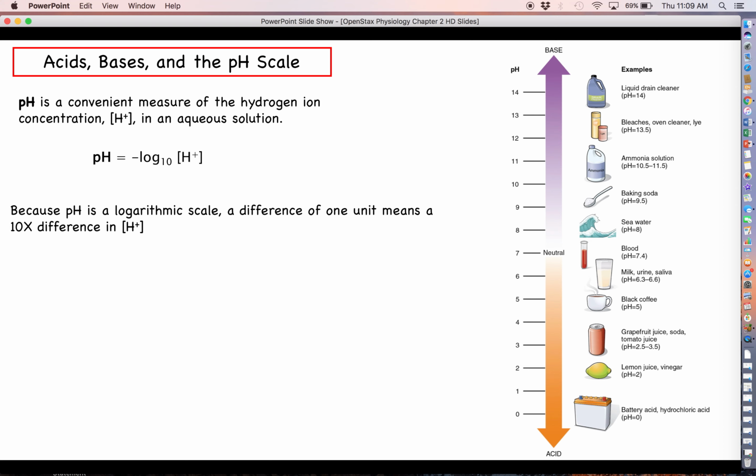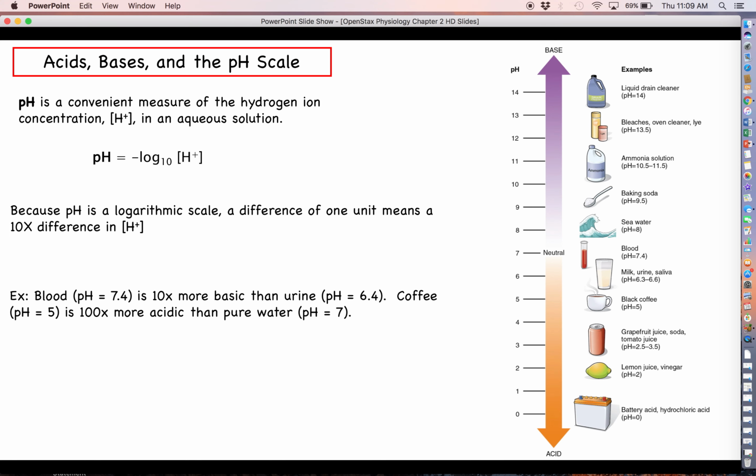Because every unit on the pH scale is off by a difference of 10, this is going to mean, for example, that if we have something like your blood, which is at a pH of 7.4, and we compare it to urine, which has a pH of 6.4, because there is a difference of exactly 1 pH unit between them, blood is 10 times more basic than urine, or alternatively, you could say urine is 10 times more acidic than blood.